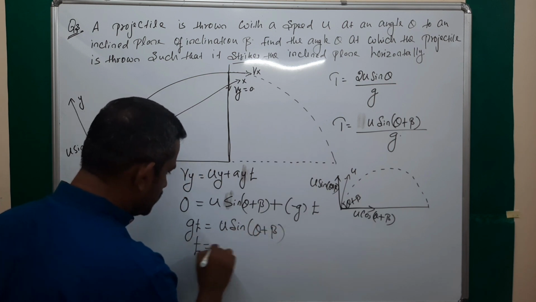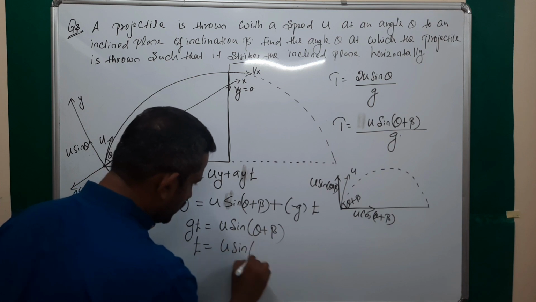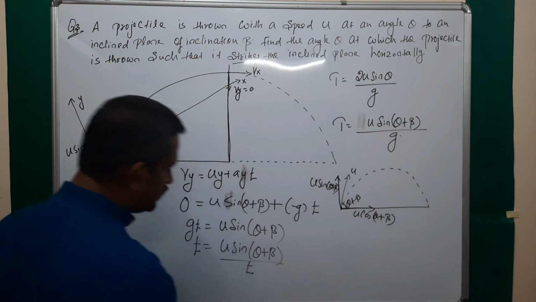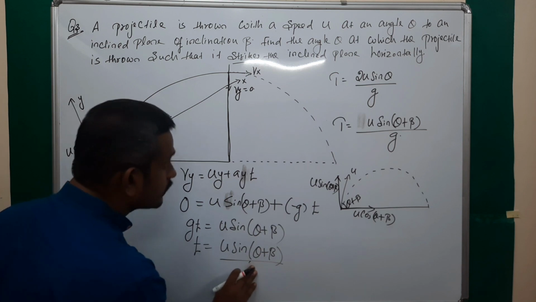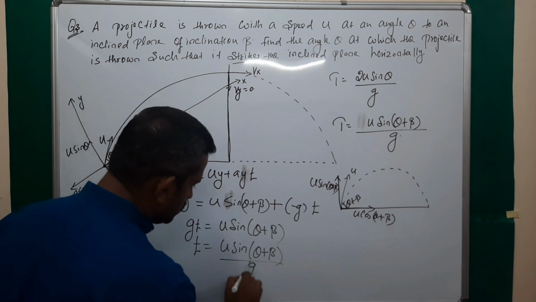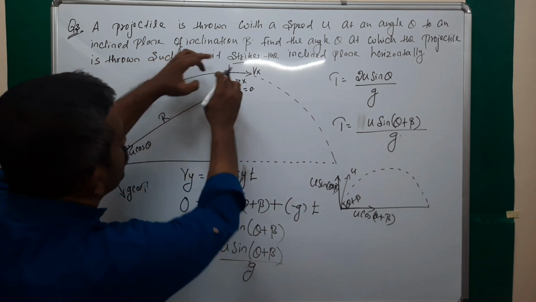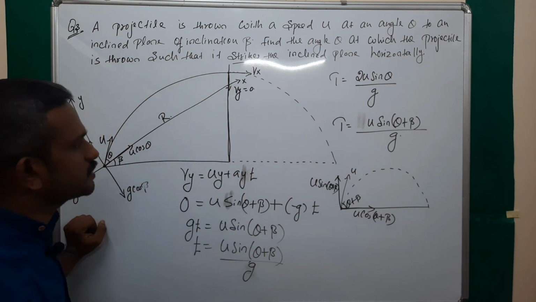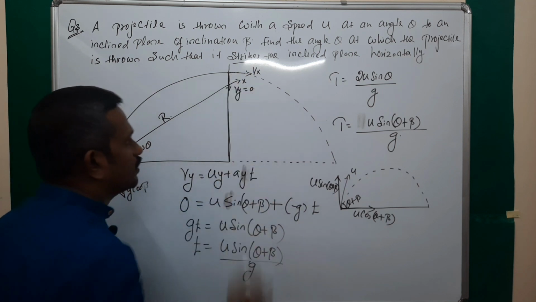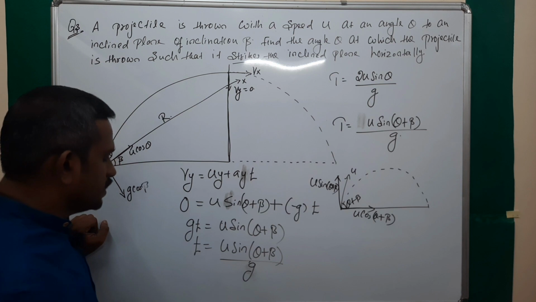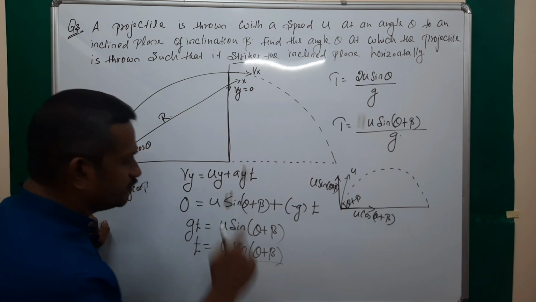From this, t is equal to u sin(theta plus beta) divided by g. This is the time taken by the projectile to reach this point, where the vertical velocity is equal to 0. Using this condition we have found the time.